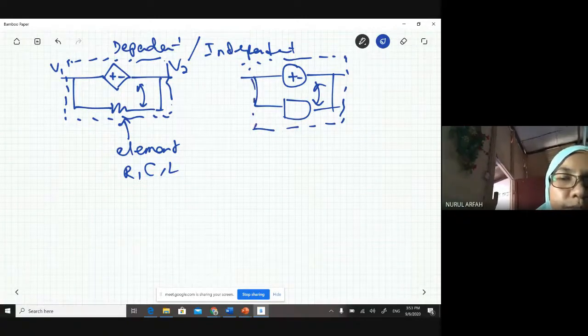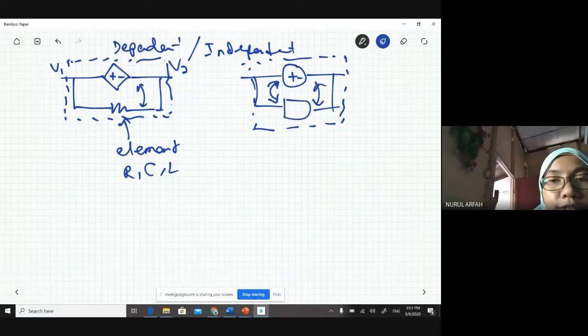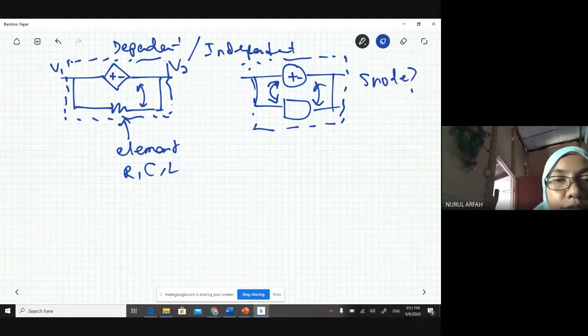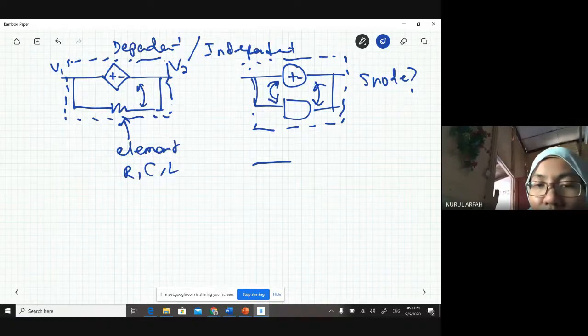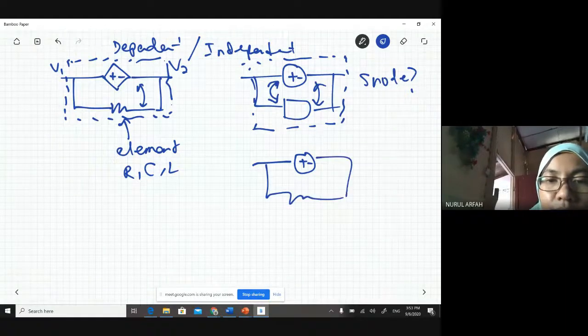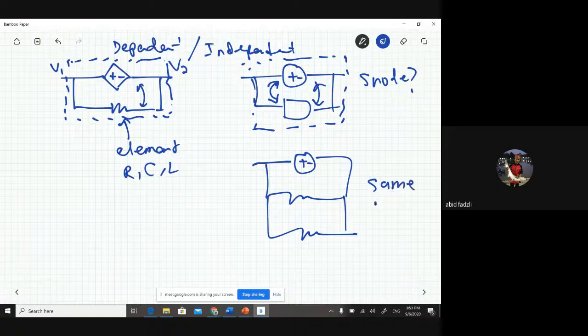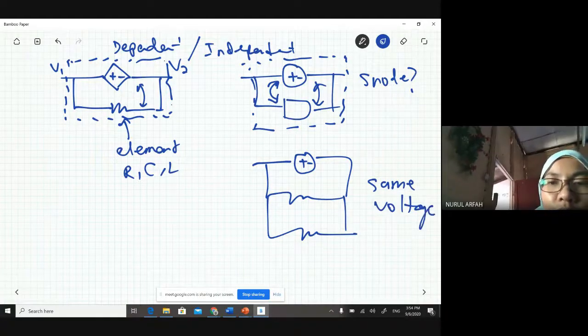This is only applicable for a voltage source in parallel with an element. Why do we consider both as a supernode? You recall that for any elements in parallel, you have the same voltage. That's why we consider them as one boundary.